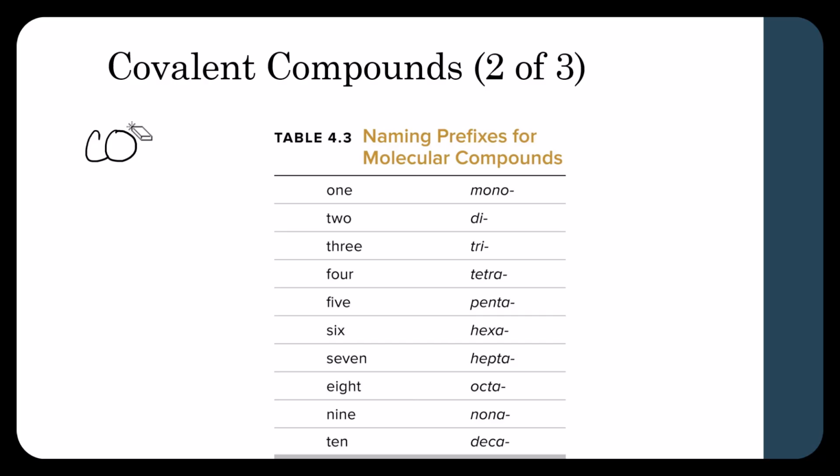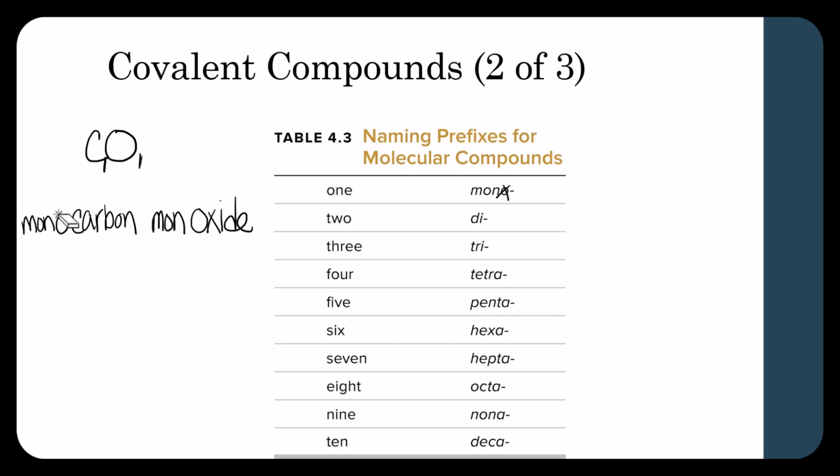If I were to systematically name it based on the rules we just learned, we'd write the name of the first, so that would be carbon. Base name of the second plus IDE, oxide. Go back and tell the viewer how many we have. We've got 1 oxygen. Drop that extra O, so that would be monoxide. And according to our systematic naming, we've also got 1 carbon, so we would put mono here as well.